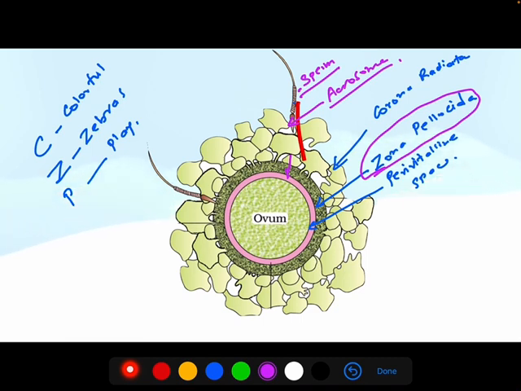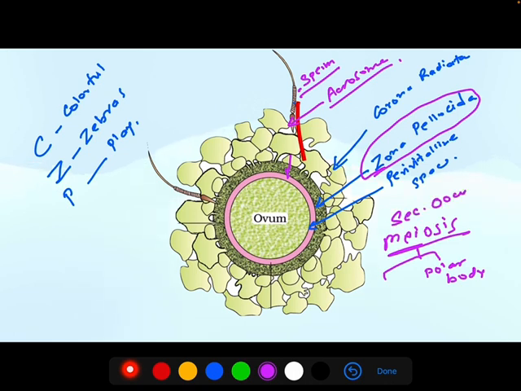So inside the ovum, meiosis takes place again, and one small polar body is formed. Okay, meiosis is done. So meiosis of what? Of the secondary oocyte. At the time when the sperm fuses, the ovum is in the stage of secondary oocyte.